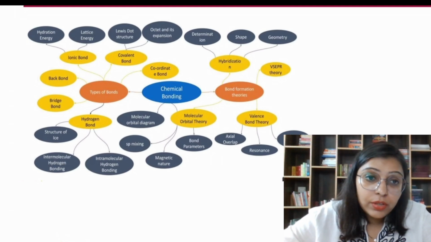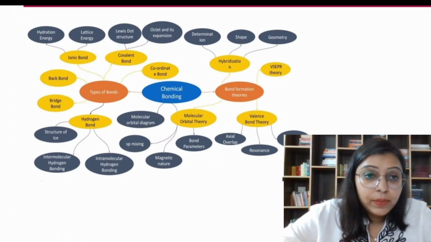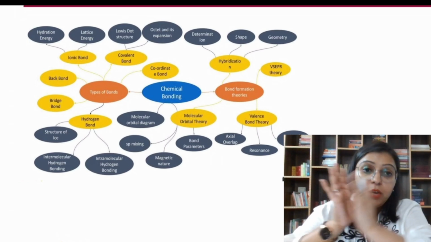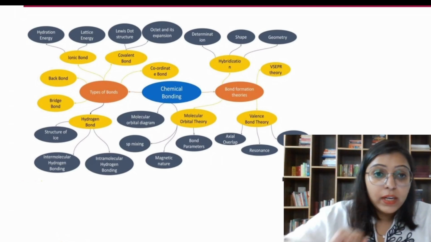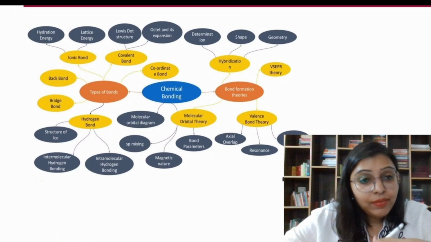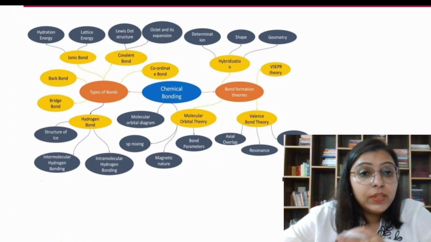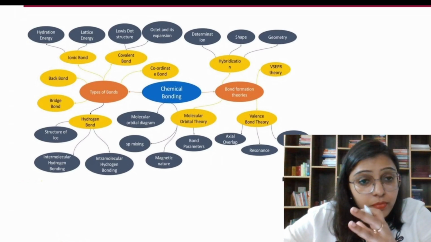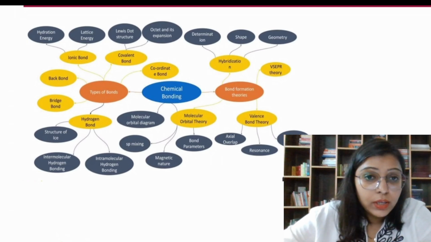In the valence bond theory, we have the overlapping concept. If an s orbital overlaps with an s orbital, then we have ss overlapping. If an s orbital overlaps with a p orbital, then we have sp overlapping. Similarly, we can have different types of overlapping, pp overlapping, and on the basis of these overlappings, we have different categories of bond.